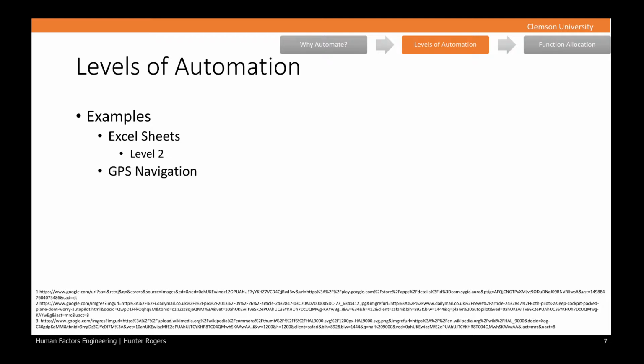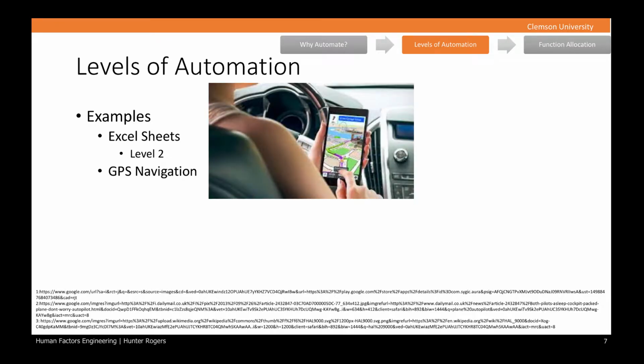GPS navigation, that's an example of level 4 automation, where it's suggesting one alternative. There are some that are in level 3 and level 4 where it'll offer you multiple routes, but it's just trying to help you think about things in your everyday life that you experience that are in these levels. So I would say navigation is in level 4.